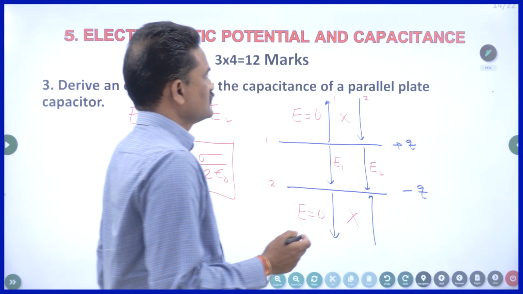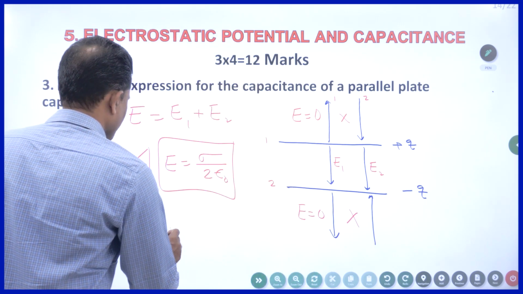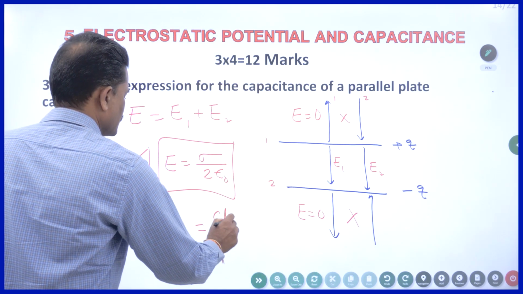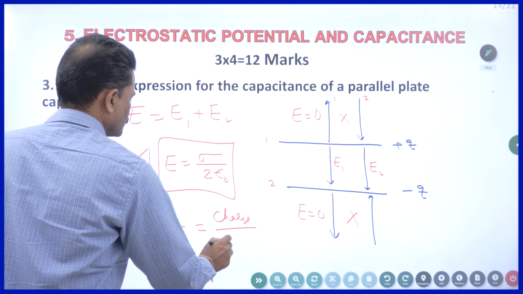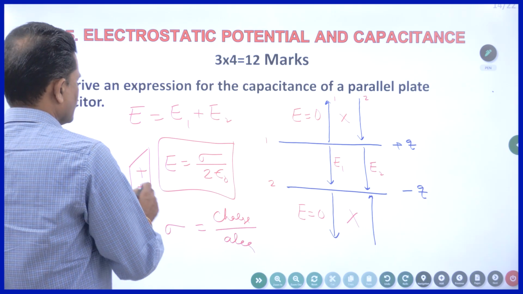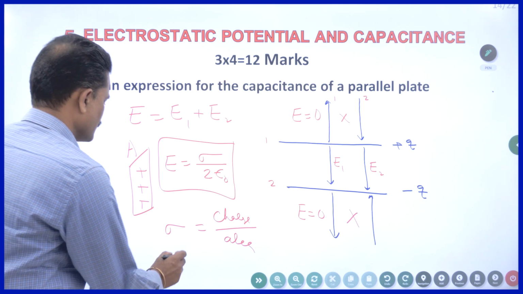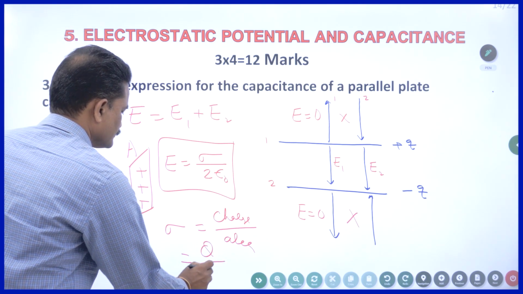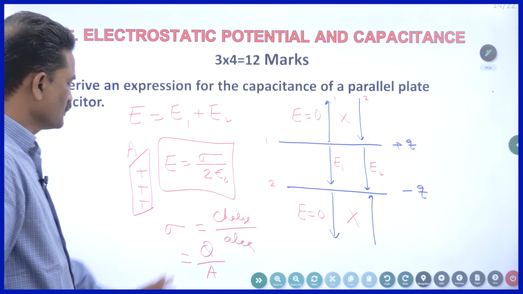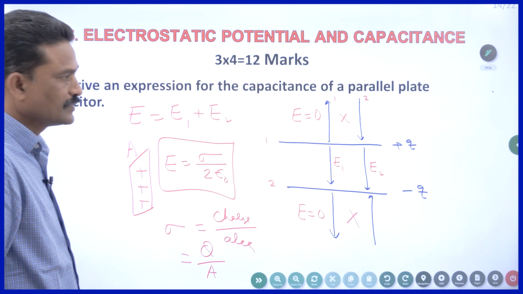What is sigma? Sigma is called the surface charge density, so charge by area. What is the area? Area of each plate, just now I told you, capital A. So it can be written as Q by A. You should know all these things, right?